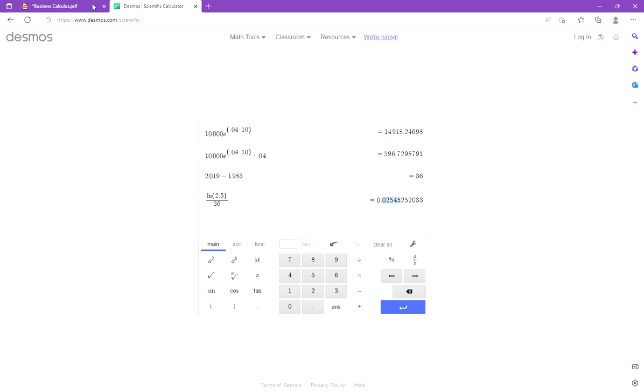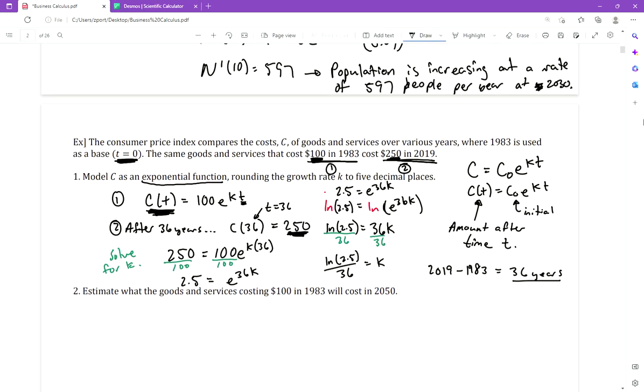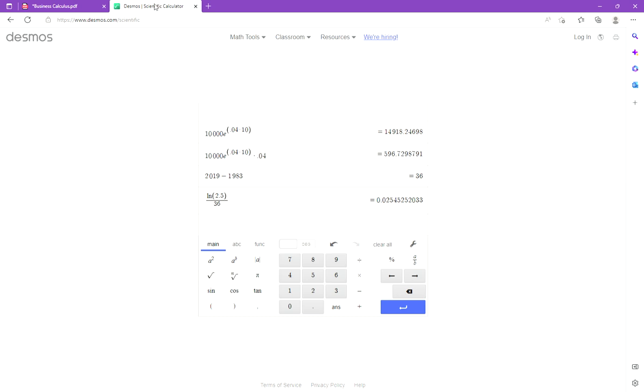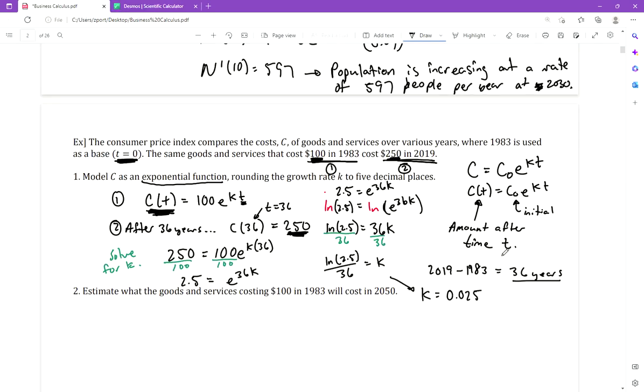Okay, let's get that copied down. Okay, so our k, I'm going to put it right over here, sorry. K is 0.02545. Okay, so we found it. We found k. I'm going to cloud that.